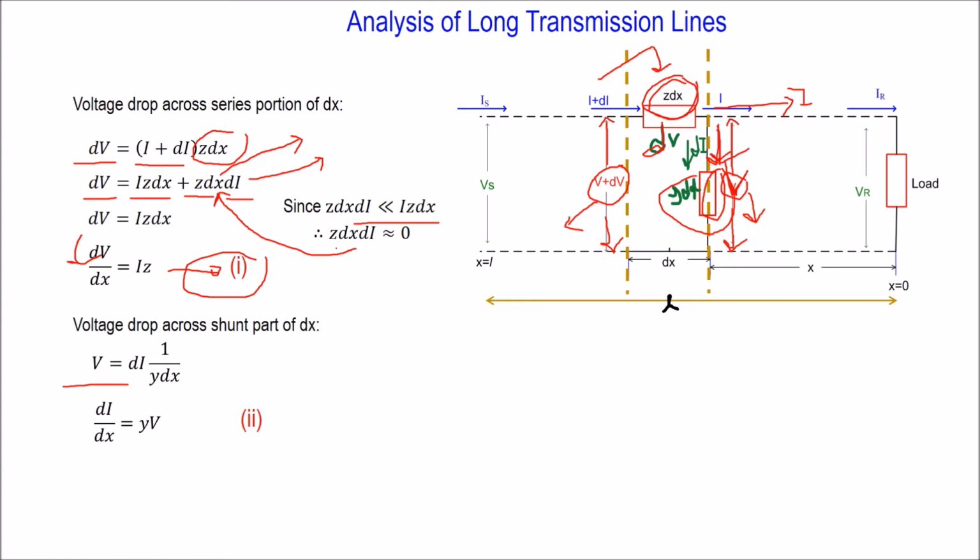This dI amount of current basically is the leakage current, which is entering into this shunt portion, right? So we can write V equal to current dI. What is the impedance? 1 by Y dx, right? From here we get dI/dx equal to YV, which is equation number 2.